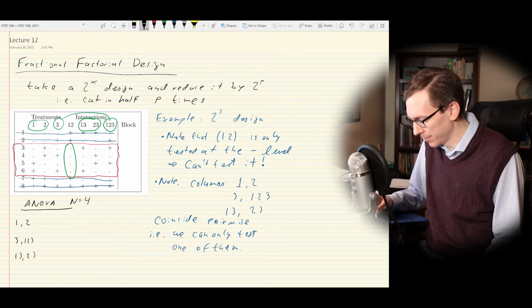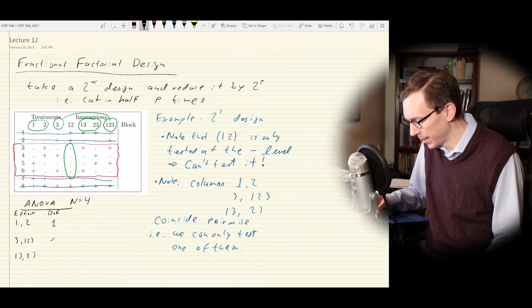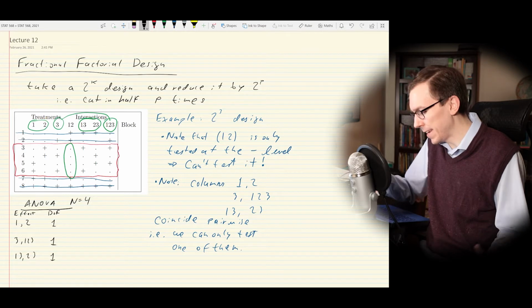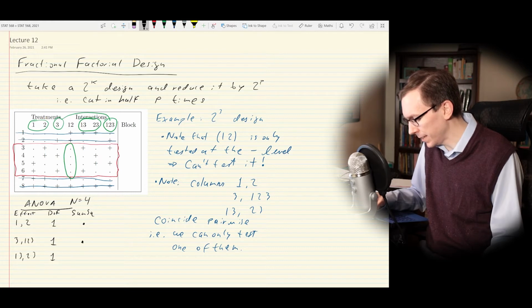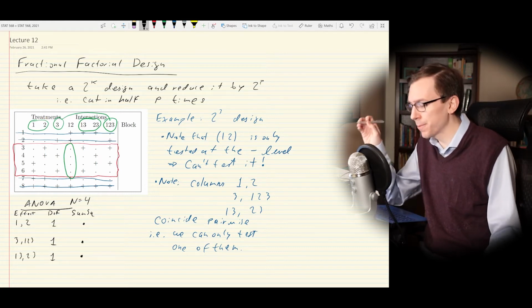And this would be the effect. The degrees of freedom for each of these is going to be 1, 1, and 1. Then you could feasibly compute a sum of squares for each of these 3 rows.